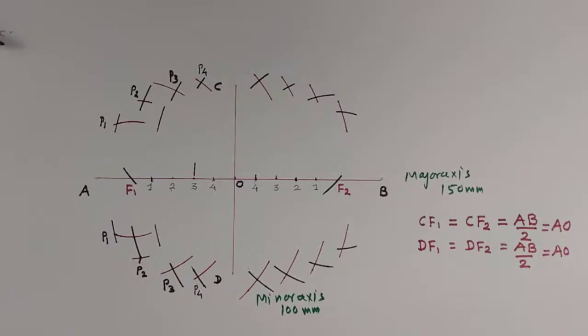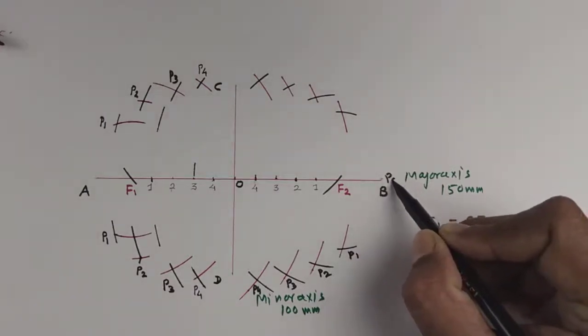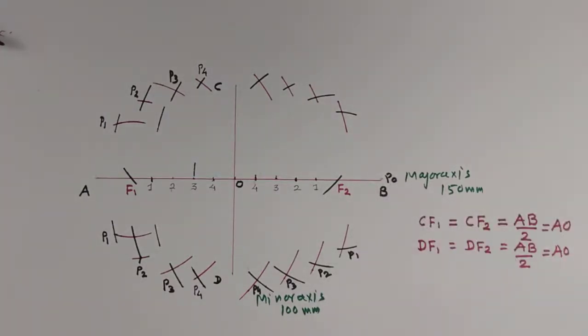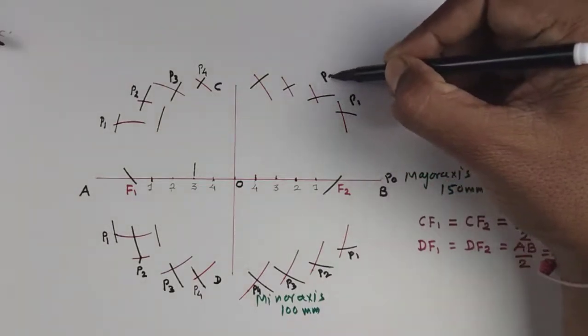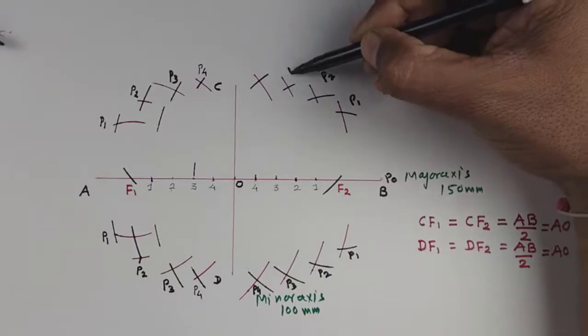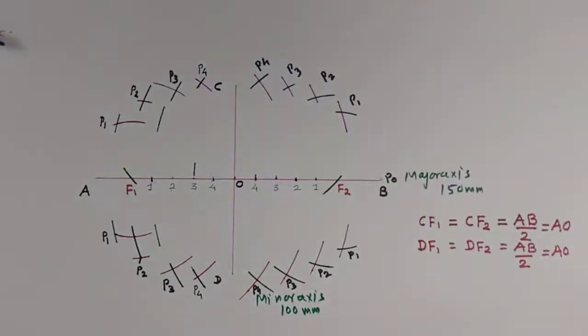Now this is your P4, P3, P2, P1, end point of major axis, it is our P0. This is P1, it is our P2, P3, P4. Now what we do? We connect all the points with smooth curves.